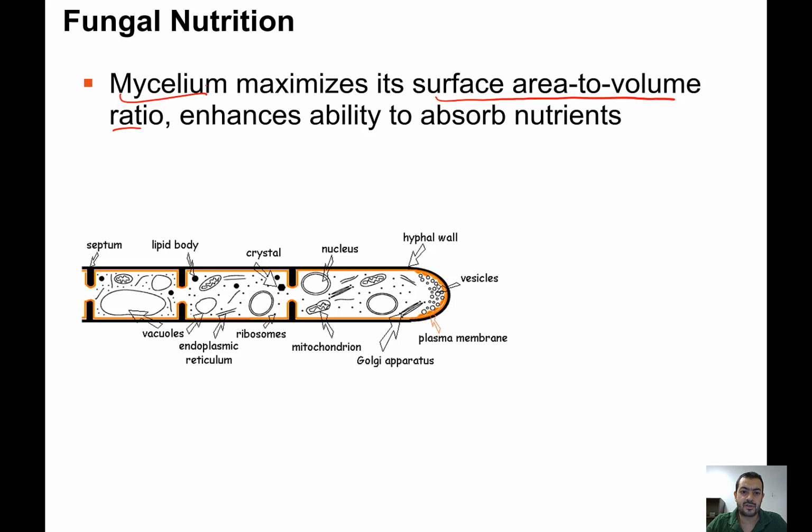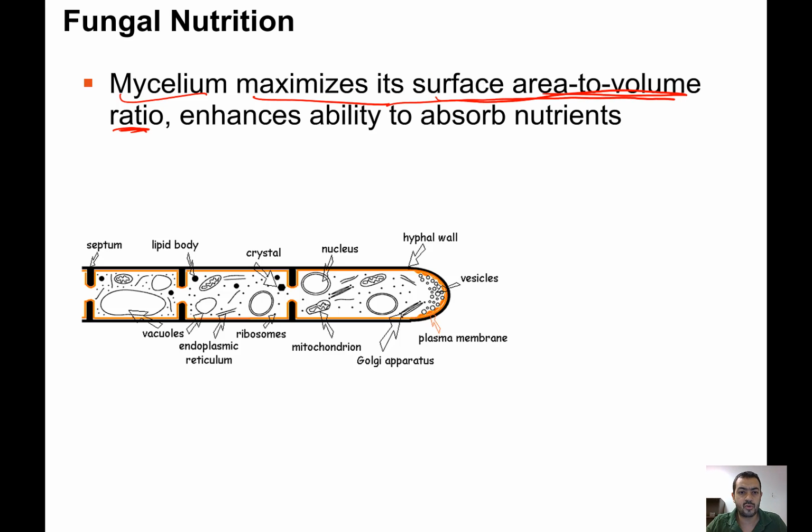And they also share something with the roots of the plant, which is the fact that they are thin, thread-like, extended structures, and the reason for this architecture is to maximize the surface area to volume ratio.